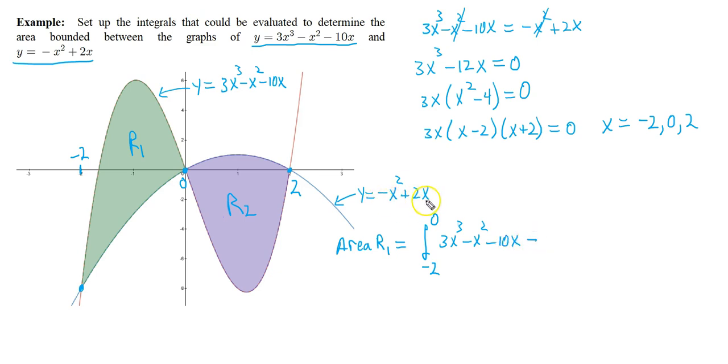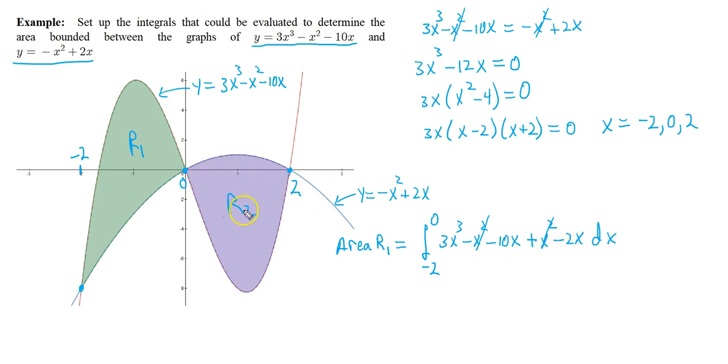And then subtracting this, taking a negative of this quantity, is going to be positive x squared minus 2x. And you could simplify this a bit, of course. You see these right here canceling, you get a negative 12x.